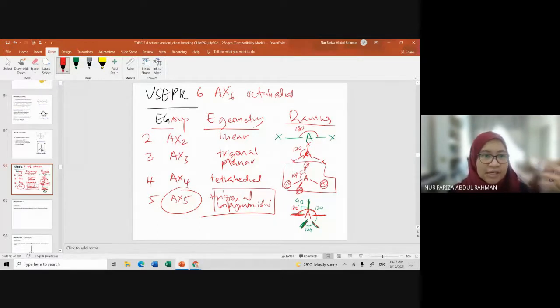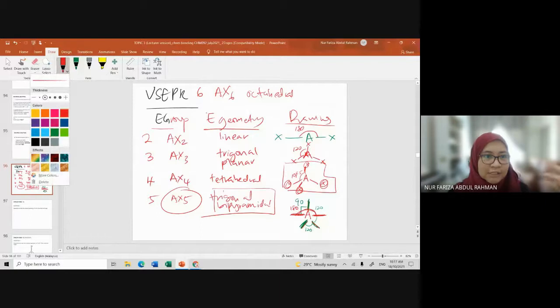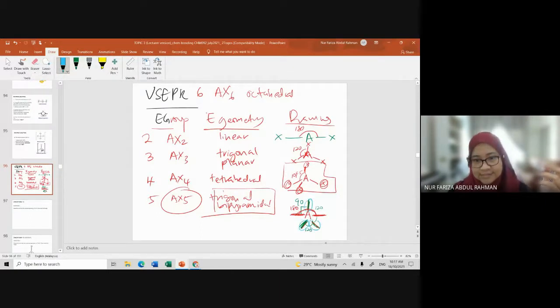Any of these three first. Okay, you must place on any of these three first. Do not place the lone pair on the axial position. So you must place the lone pairs. If you have 1, 2, 3 lone pair, all of those must be placed on the equatorial position, which is the blue circle bond ataupun electron group that I have shown here. Okay, please take note on that.